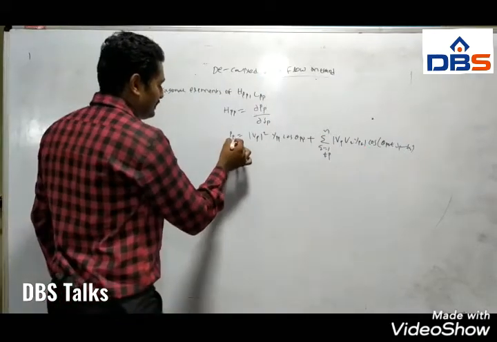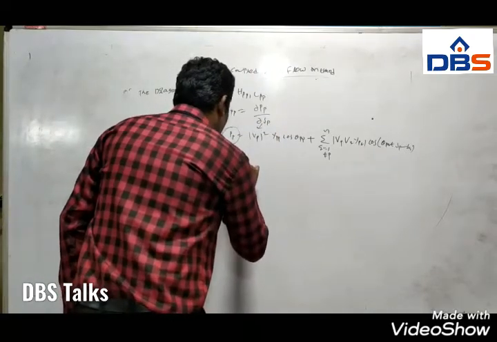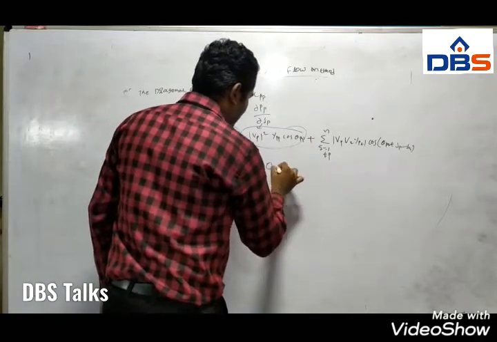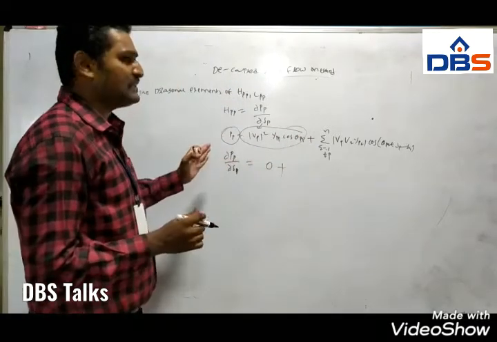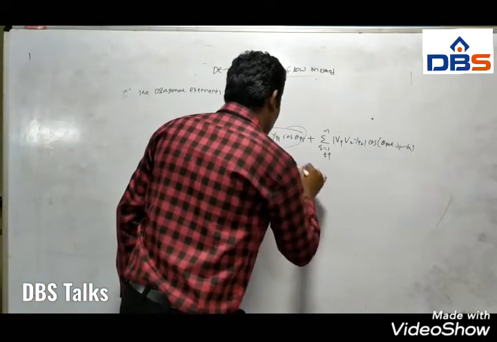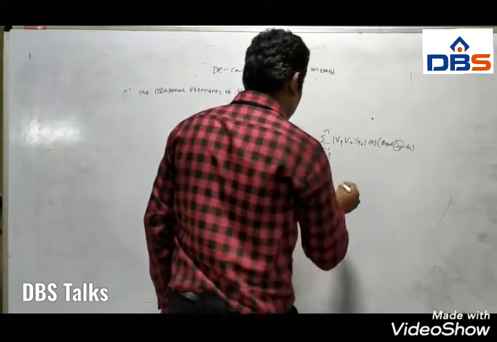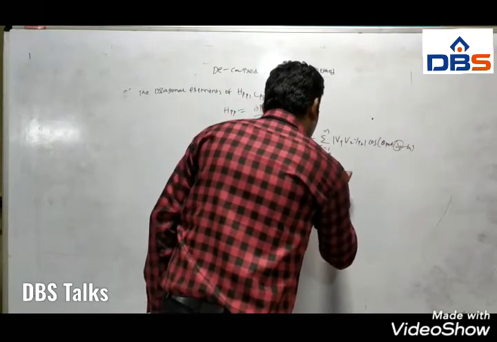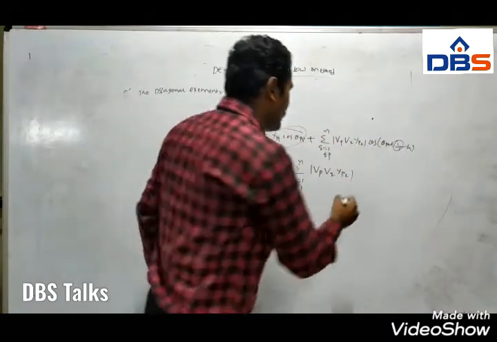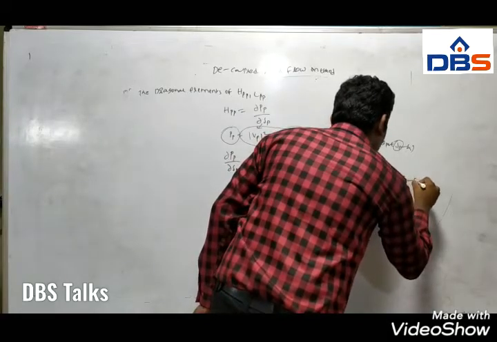Here we are differentiating PP with respect to delta p. So that gives dou PP by dou delta p. There is no delta p term in the first part, so it comes to 0 because it is a constant. Differentiating any constant term gives 0. So that is equal to sigma q is equal to 1 to n, not equal to p. Here delta p is present, so |Vp||Vq||Ypq|, differentiating the cosine gives minus sine of theta pq plus delta p minus delta q.